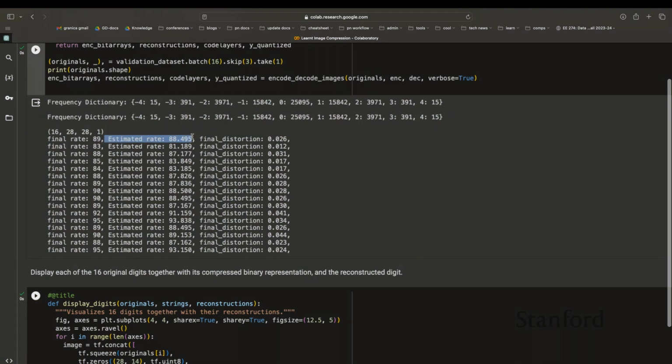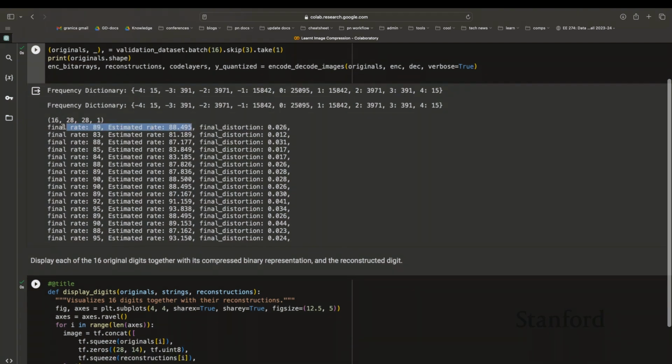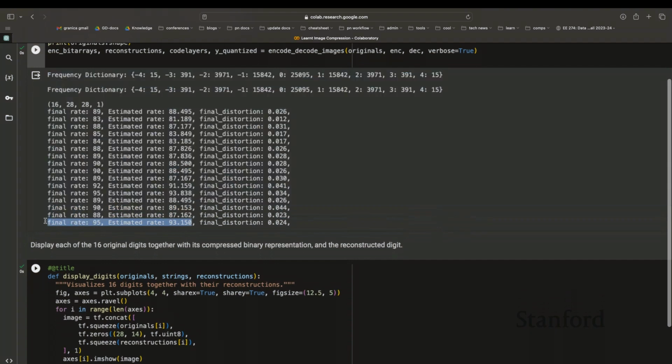It says our arithmetic encoder is doing the right job. We know that an arithmetic entropy coder stays within 2 bits of overhead, and if you look at the final rate and estimated rate, they are almost always within 2 bits. So our arithmetic encoder did the correct job.